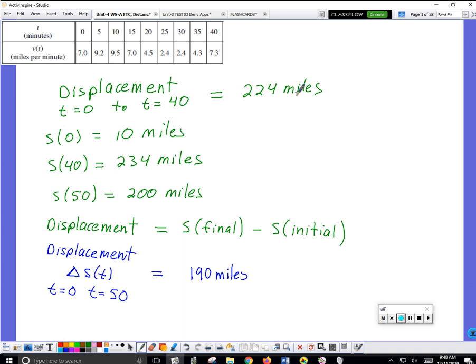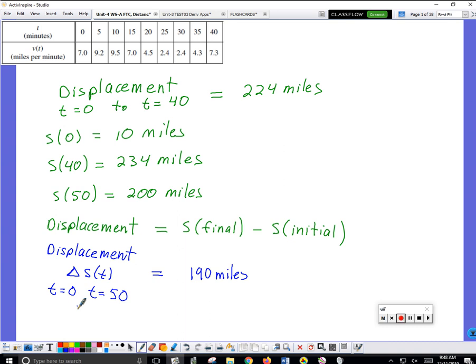In this example on the board, there's another key parameter they will ask you about. We just said the displacement over the entire 50 minutes is 190 miles, because that's how different the final position is from the initial.